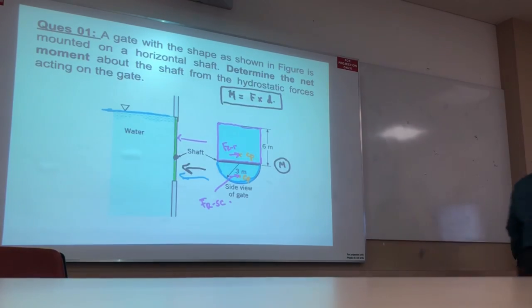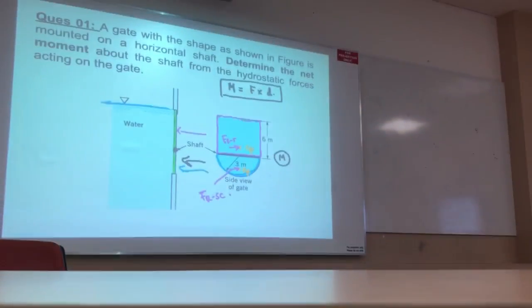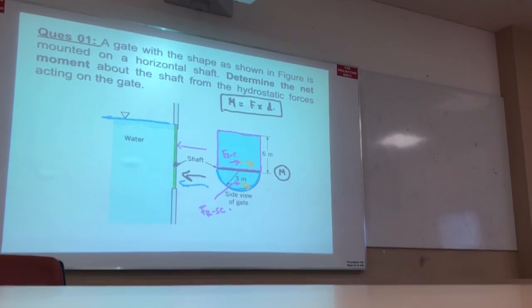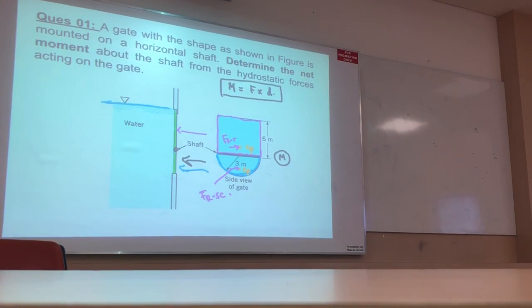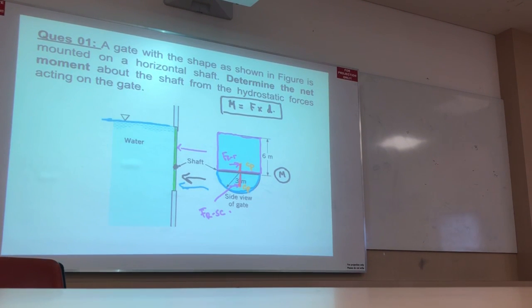You can see I can easily calculate the distance from the shaft to each center of pressure, right? This distance we assume y1, for example, and this one I assume y2. Correct?